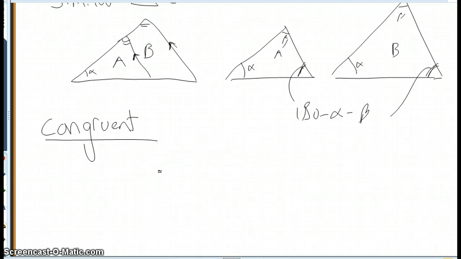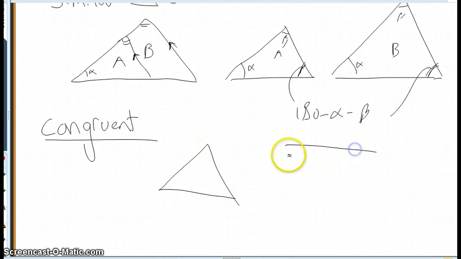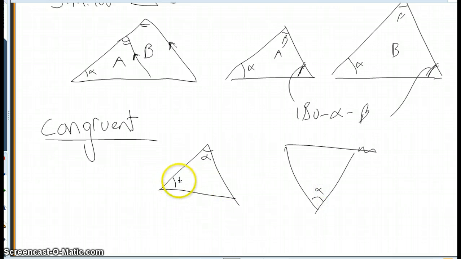So here's an example of congruent triangles. I've rotated them, but this angle and this angle are the same, this angle and this angle are the same, and this angle and this angle are the same.